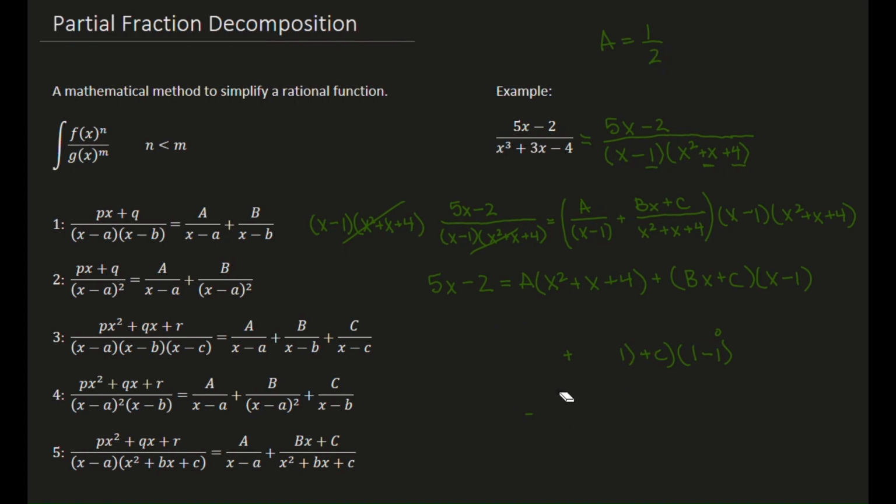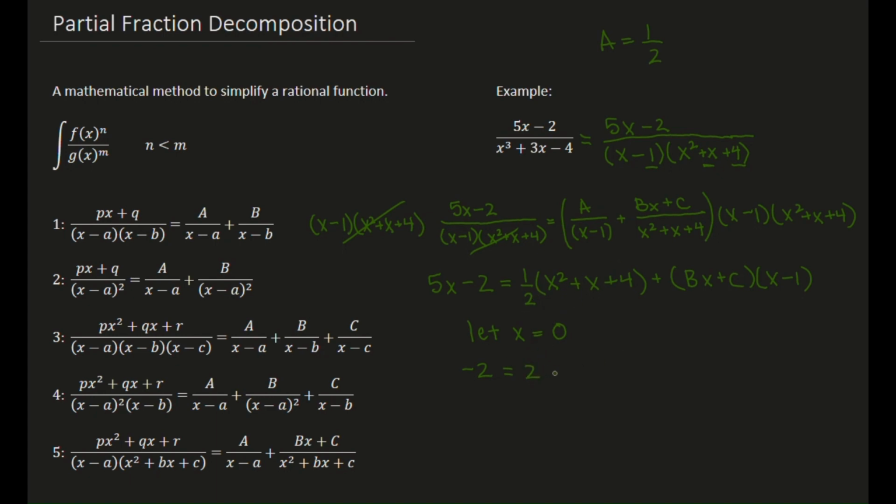Now that I know what a is, I'm going to plug it in to the formula, and I'm going to pick other values to solve for b and c. Let's let x now equal 0, because if I have x equal 0, b will cancel out. The left-hand side of my equation becomes negative 2. The right-hand side of my equation becomes 4 divided by 2, which is 2, plus that b goes away.